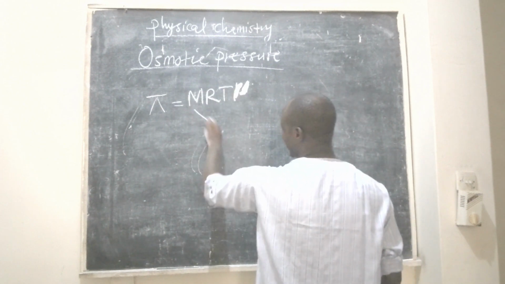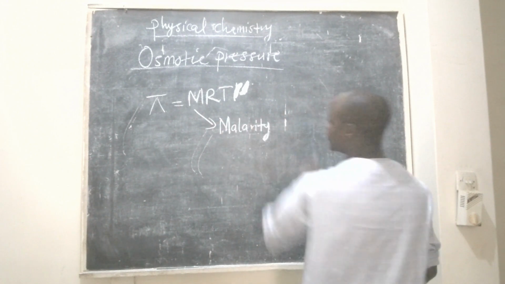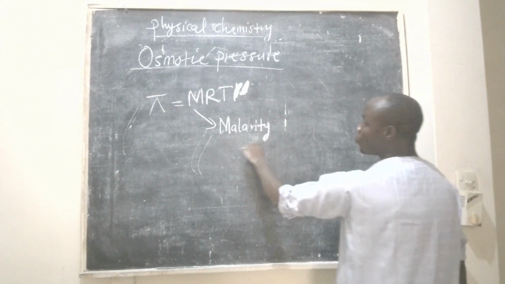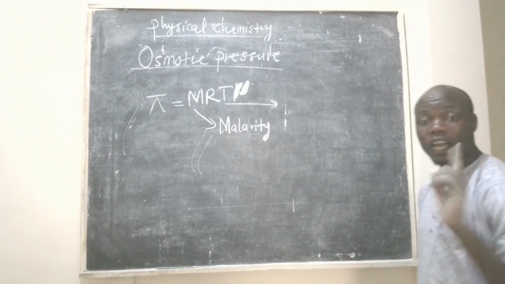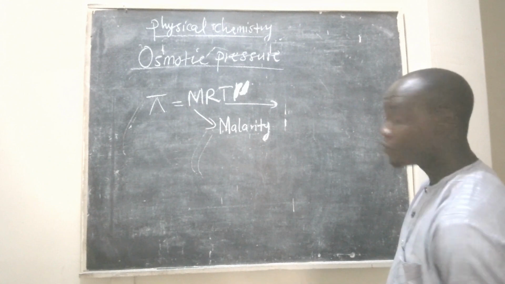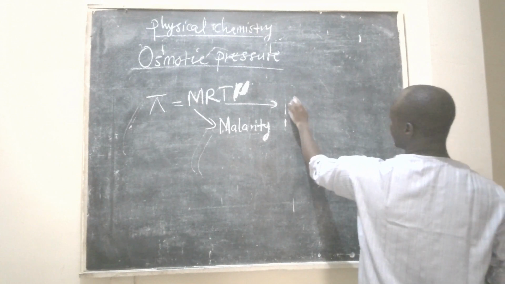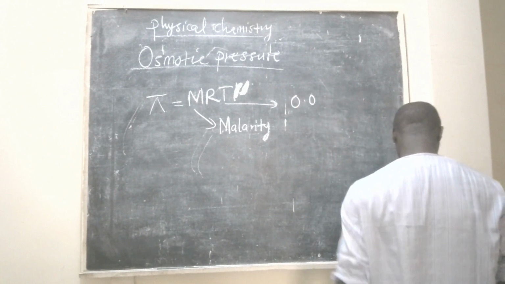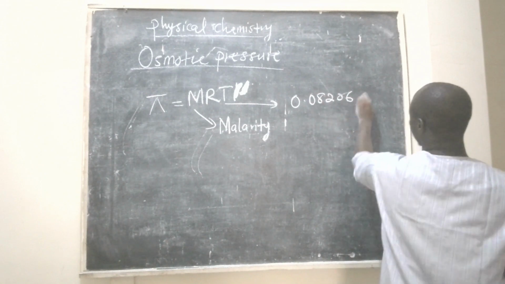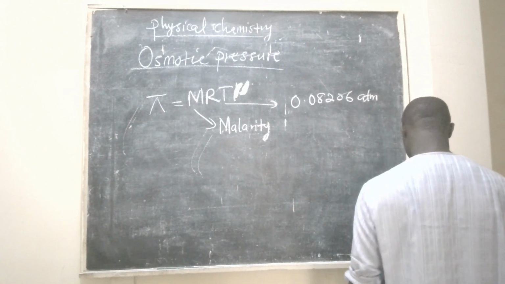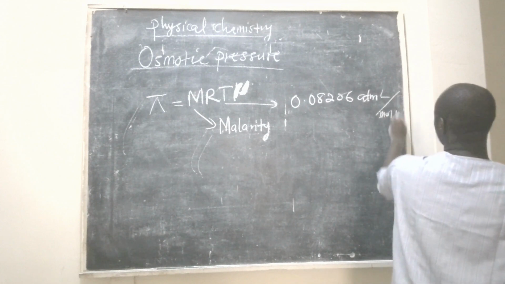And the M here stands for molarity. Then we have R. The R here is the universal gas constant, which has a value of 0.08206 atm liter per mole per Kelvin.